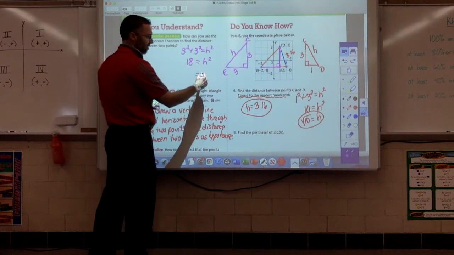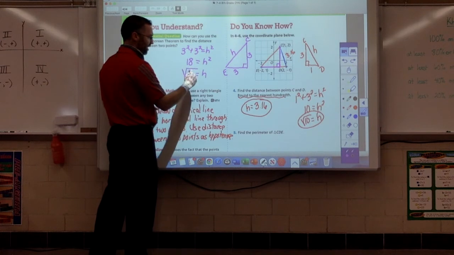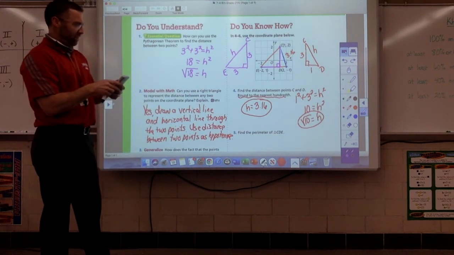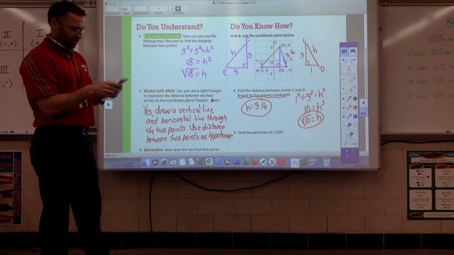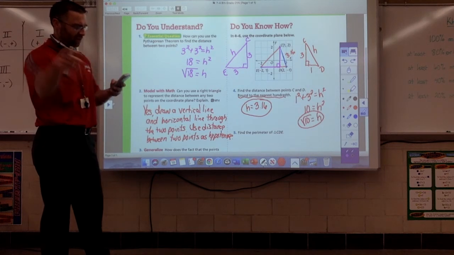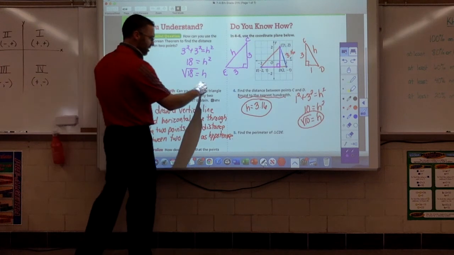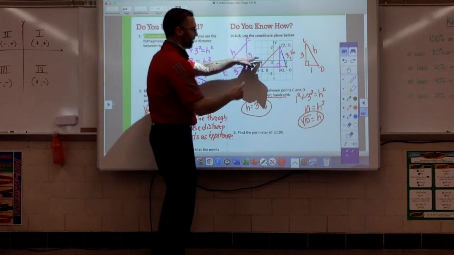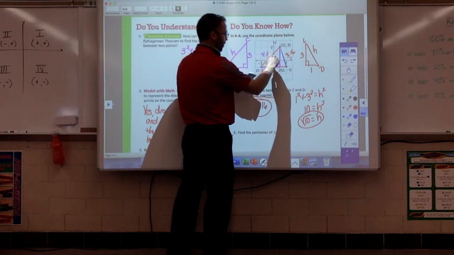Once again, you guys know this. To find the length of h, we take the square root of 18. Let's round it to the nearest hundredth. Square root of 18. On your calculators, I hope you're finding that h is equal to 4.24. So this length right here, 4.24.